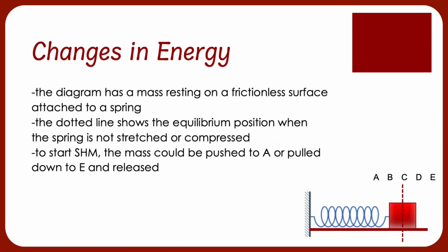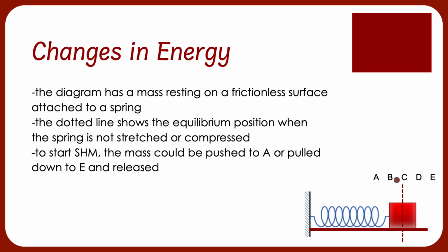Now, let's change this up a little bit. Let's put that spring down here. And now my equilibrium line is going to be where my spring is at its natural length. It's neither compressed nor extended. I'm also going to say that this is frictionless, so I don't have to worry about the force of friction causing any issues.